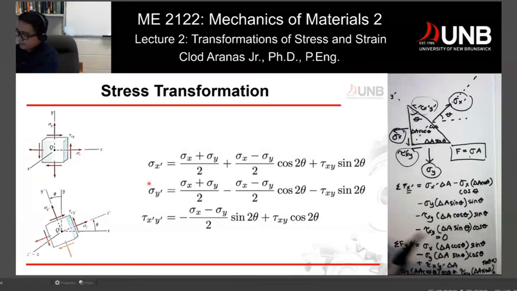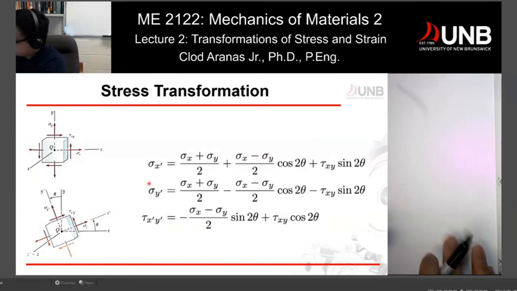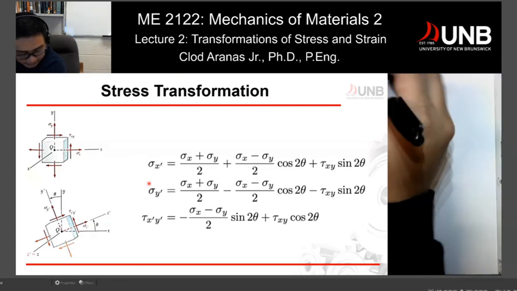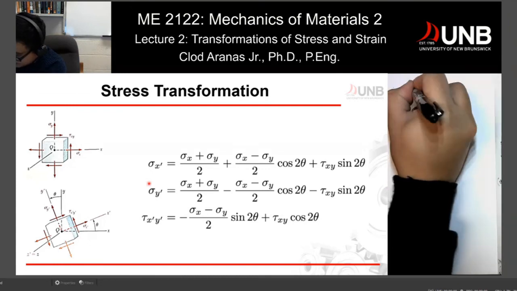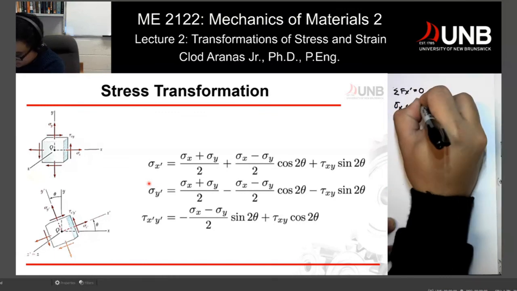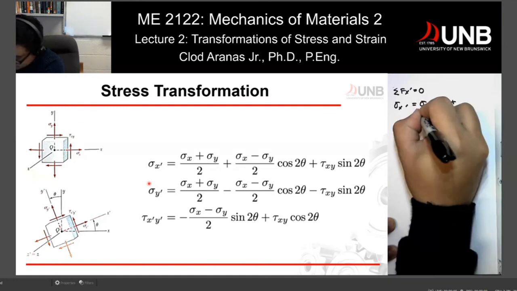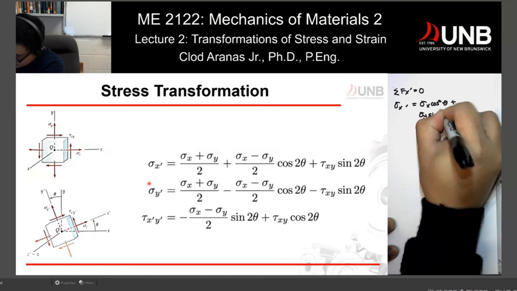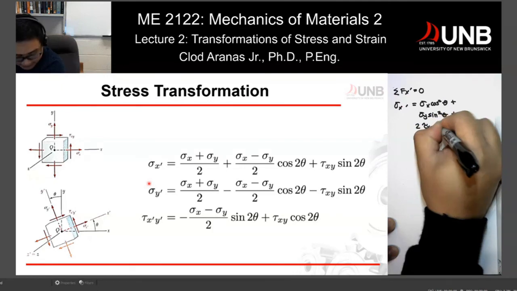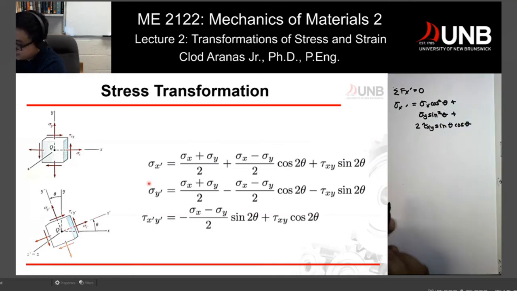Now, if we are going to simplify this equation, and we can go back to that next meeting, if we simplify that one, your summation of Fx is 0, so that would be equal to sigma x prime equals sigma x cosine squared theta plus sigma y sine squared theta plus 2 tau xy sine theta cosine theta. So that's for the x prime axis.